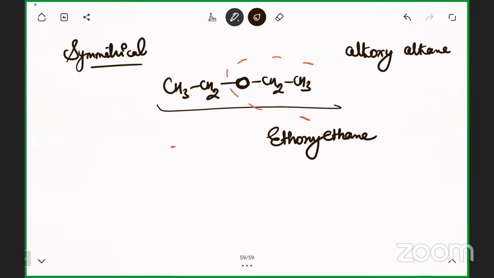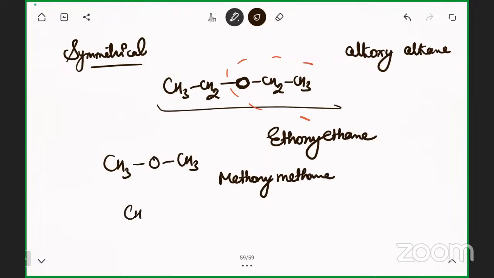Clear? Yes, sir. Okay, one more example. CH3 O CH3. Methoxymethane. Not methanoxy, it's methoxy. Methoxy methane. Okay, see, not this one.